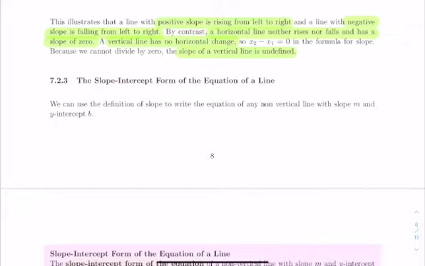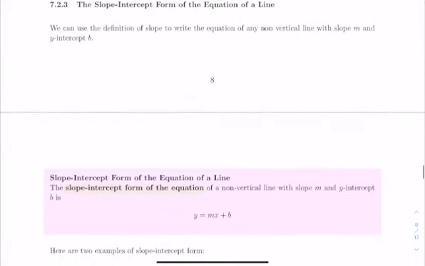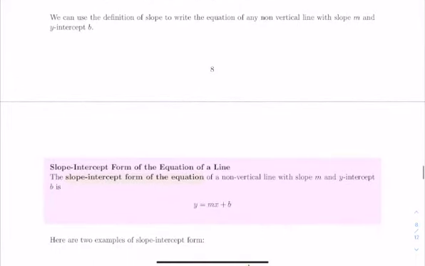We can use the definition of slope to write the equation of any non-vertical line with slope m and y-intercept b. And this is called the slope-intercept form of the equation, and that's y equals mx plus b. Here are two examples of slope-intercept form.